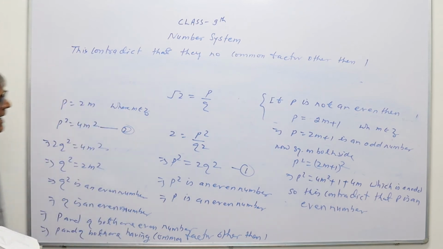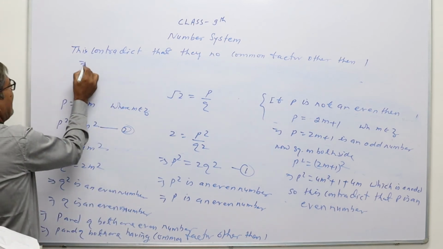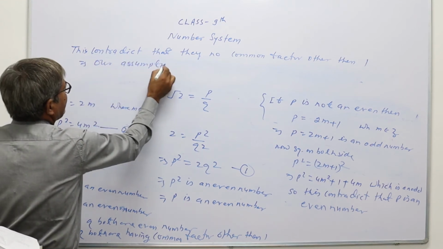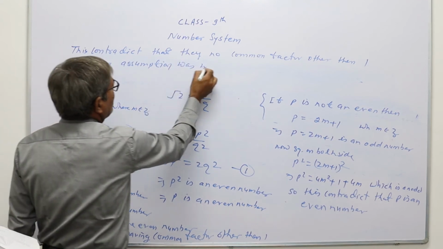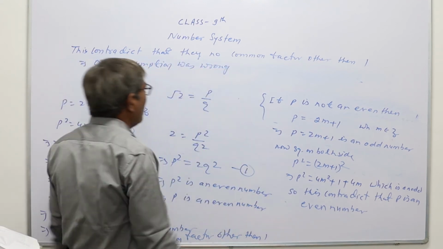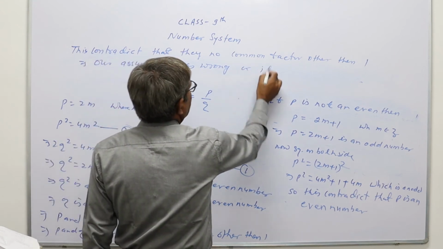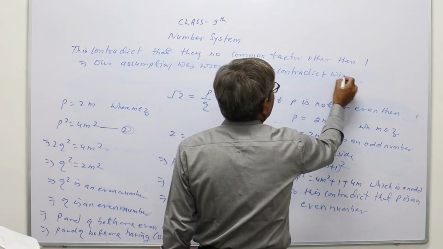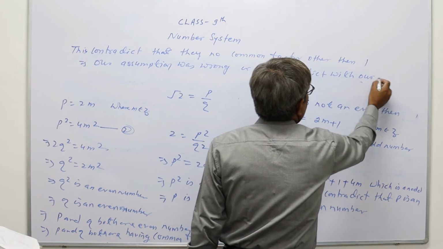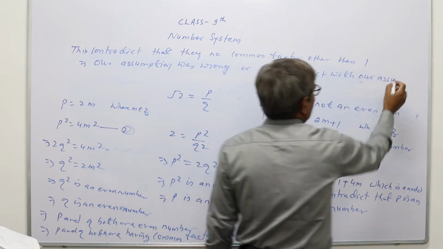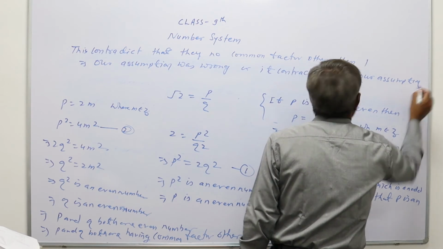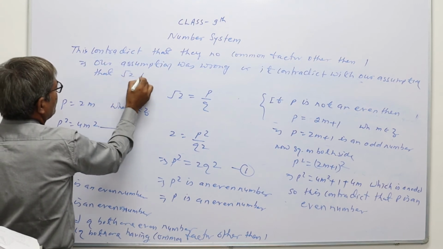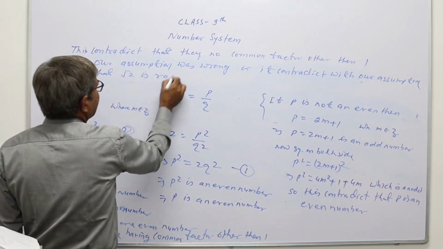So our assumption was wrong, or it contradicts our assumption that root 2 is rational.